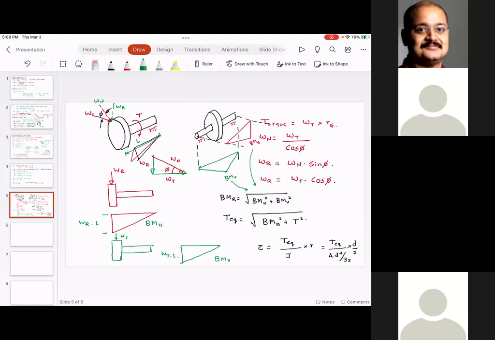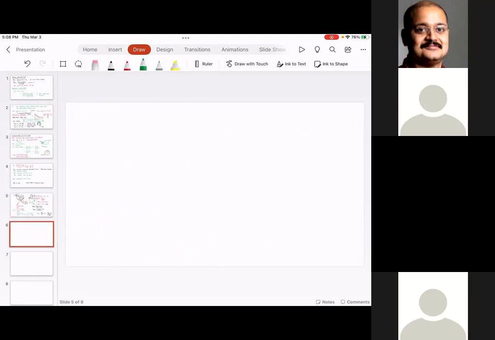The next thing is, how would you design a gearbox? Once you have found the important dimensions of the gear and the pinion, gearbox design is mostly governed by the geometry of the gears, the location, the space that you have, and so on. Say you have to design a gearbox.